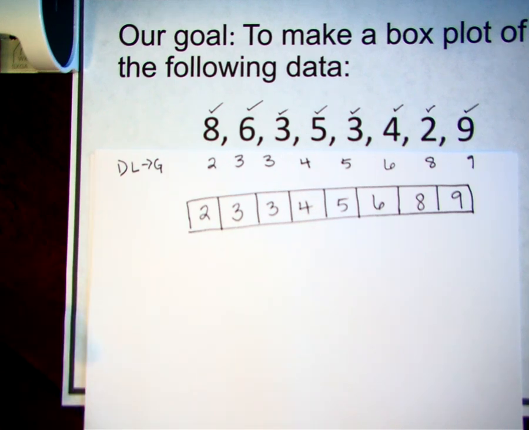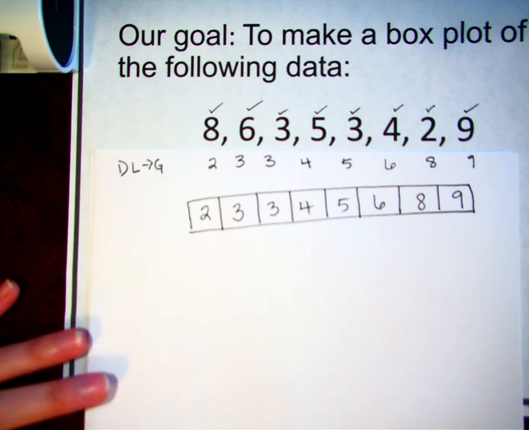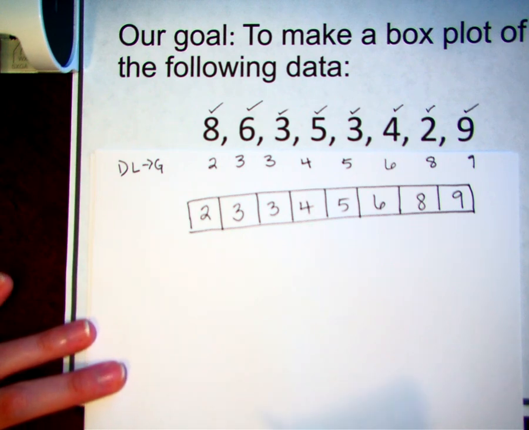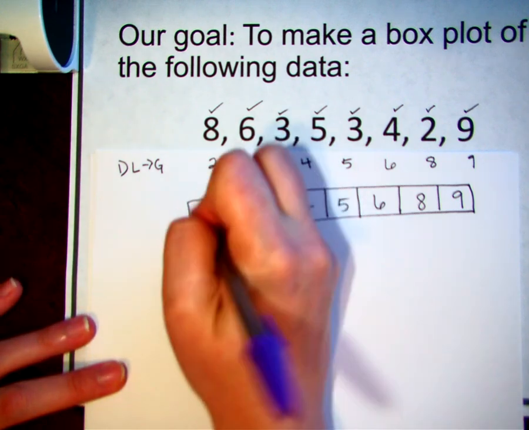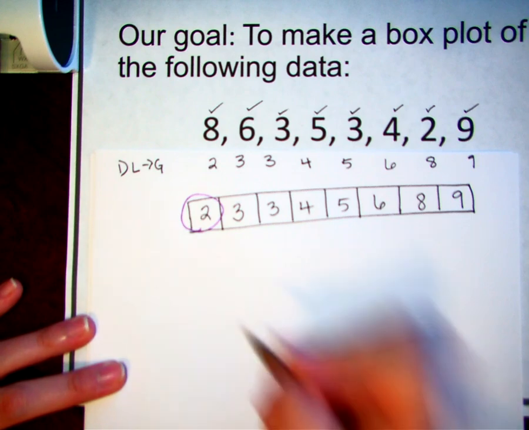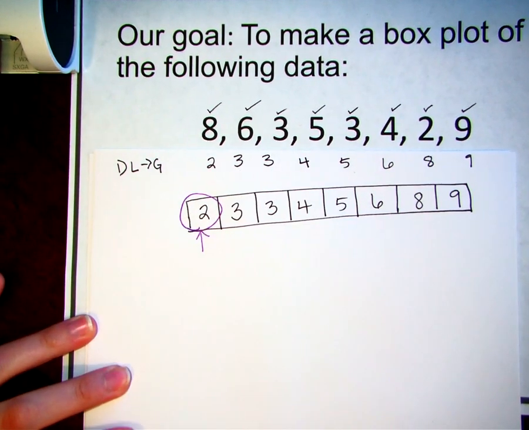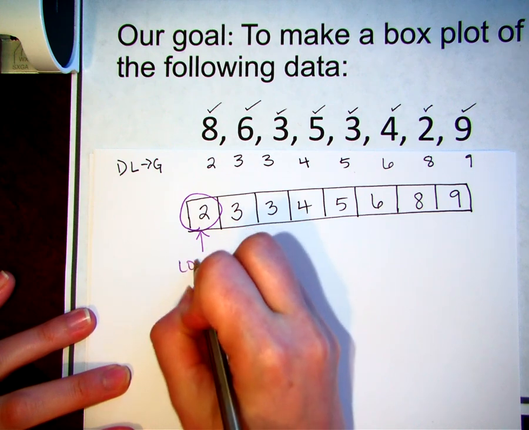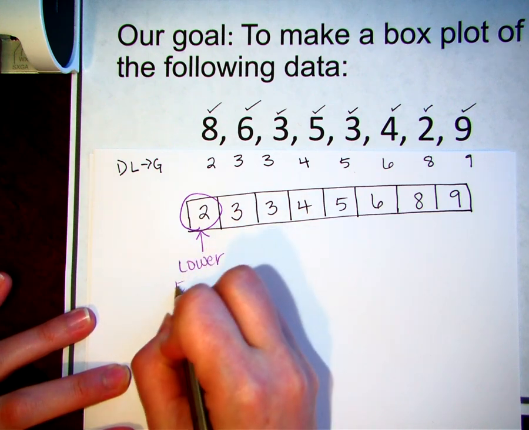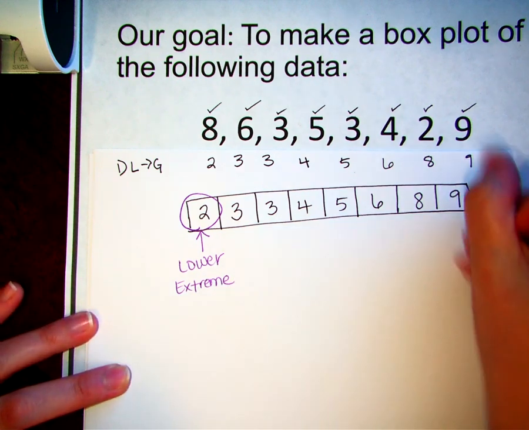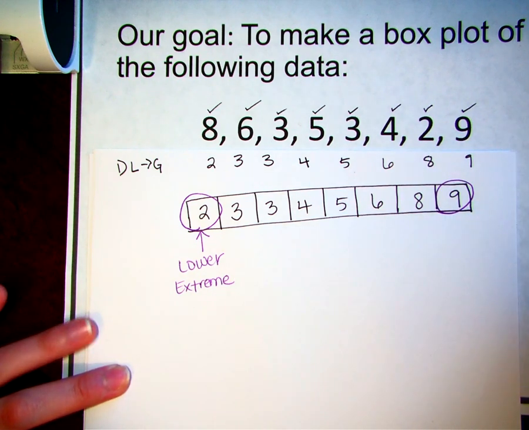And the easiest things to locate first are the minimum and the maximum, which are called the extremes. So those are the smallest number in the data. So this would be our lower extreme. So I'm going to label this lower extreme. And then this one is our biggest value in our data.